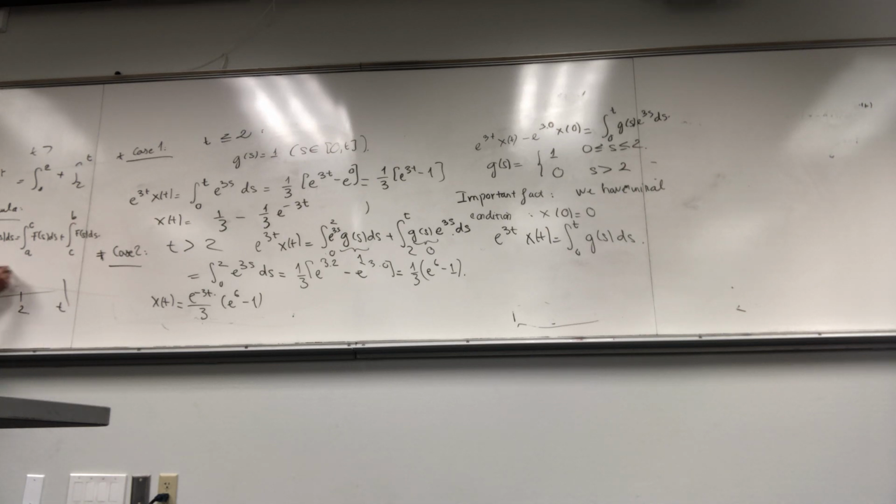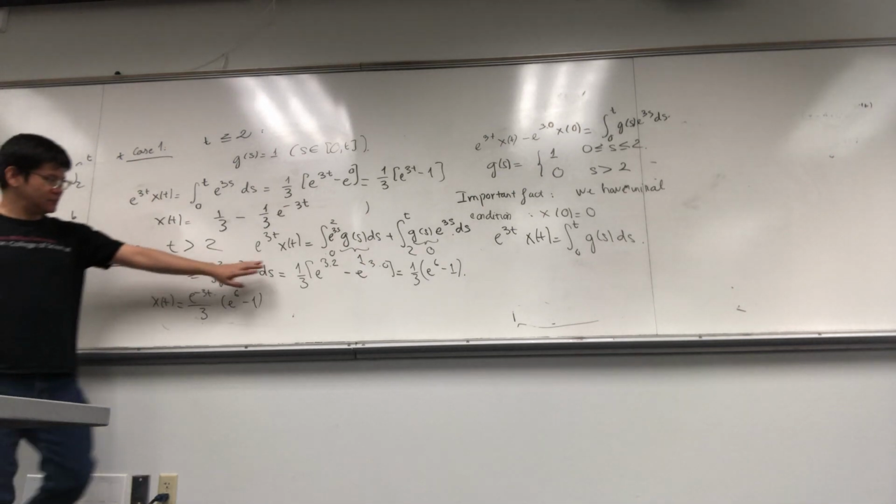So this is the function g(s) times e to the power 3s. The integral from 0 to t will be this area, which is the sum of two areas. The first one is from 0 to 2. The second one is from 2 to t. This is why you have to split the interval from 0 to t into the interval from 0 to 2 and the interval from 2 to t. It's clear?